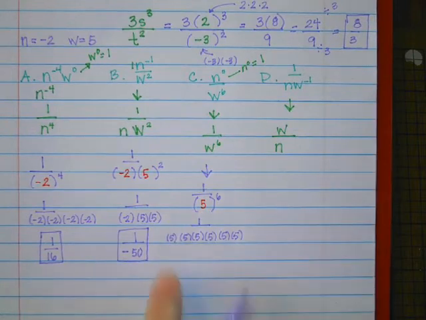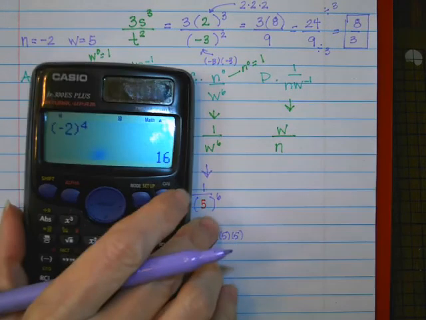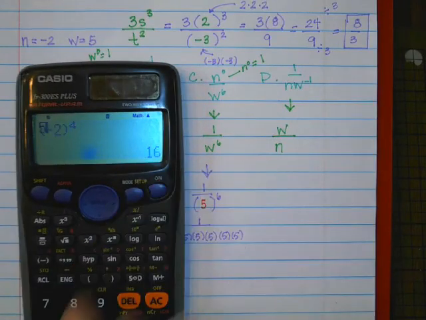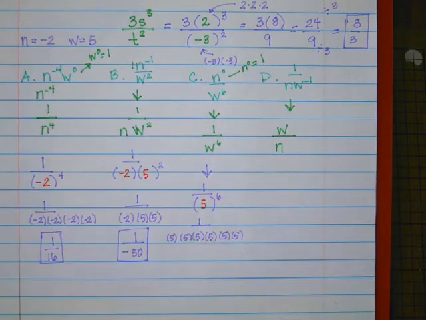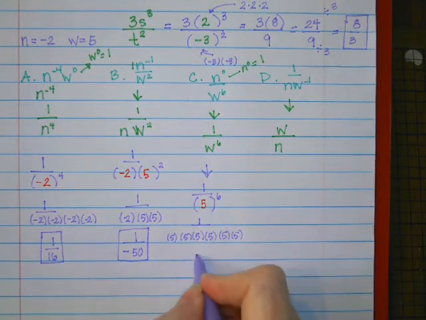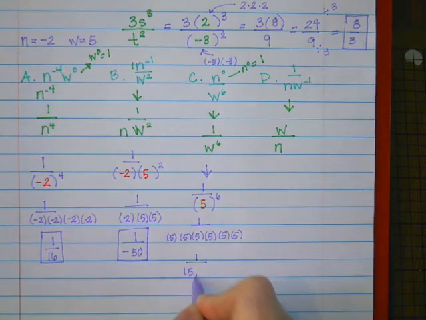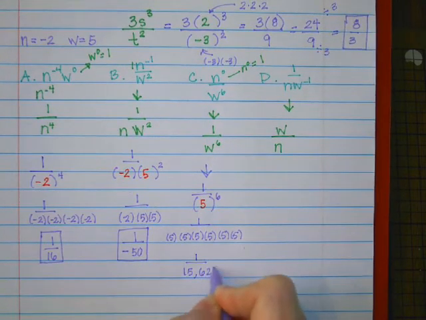So we'll squeeze all 6 in: 1, 2, 3, 4, 5, 6. Or we can put in our calculators 5 and raise it to the 6th power, and we get 15,625. So this becomes 1 over 15,625.